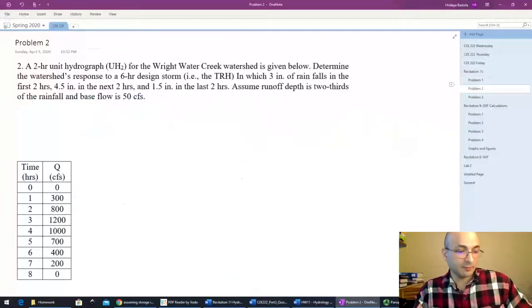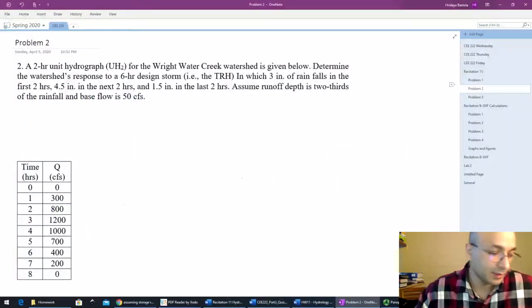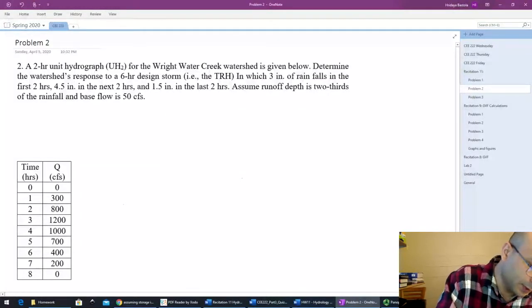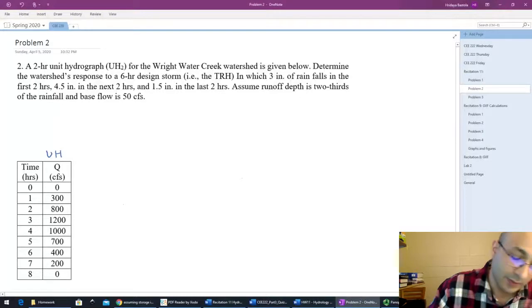In the second problem, we are given a 2-hour unit hydrograph. A unit excess rainfall occurs during a 2-hour window in the Wright Water Creek watershed, so this is a 2-hour unit hydrograph.